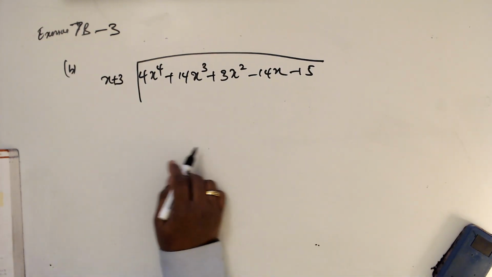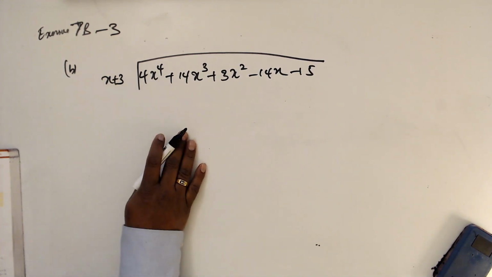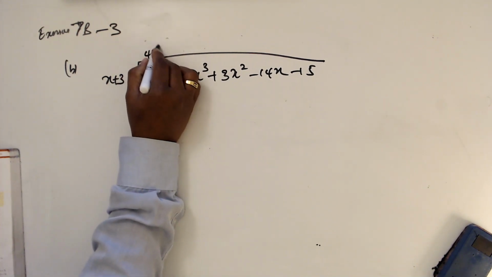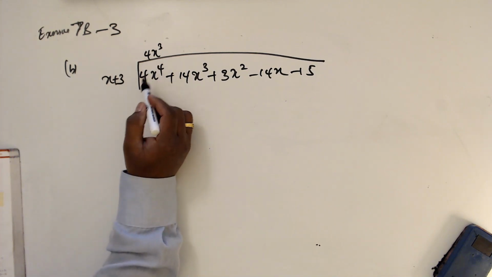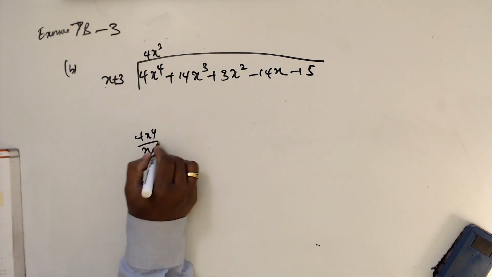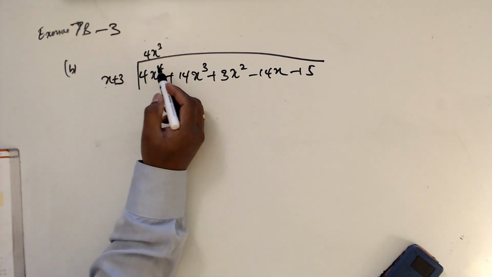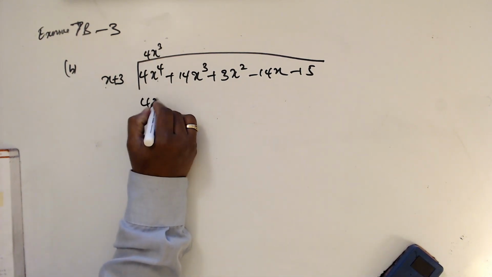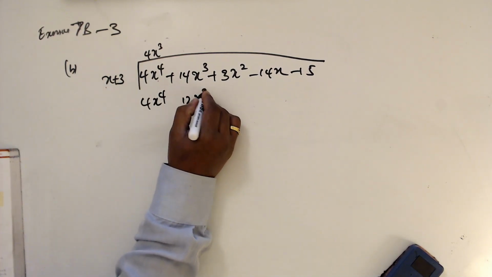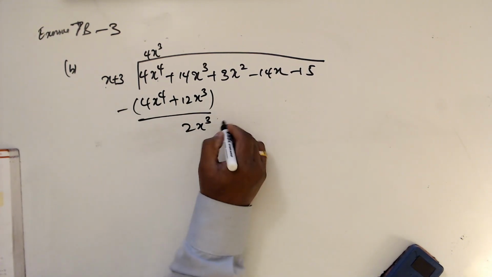Now question number 3b, x plus 3. This is going to be 4x cubed. How many x goes to 4x square? 4x cubed. So 4x cubed times x, 4x4, and 4 times 3, 12x cubed, plus 1 minus, this is going to be 2x cubed.